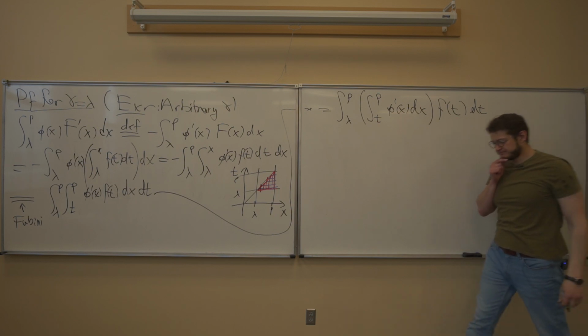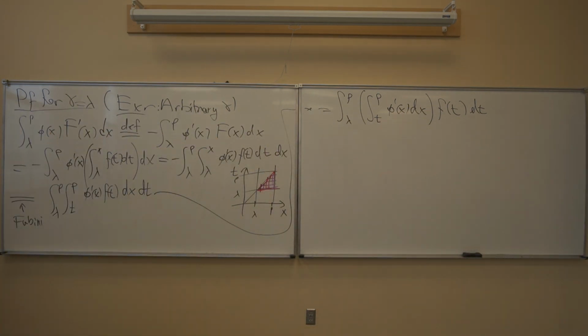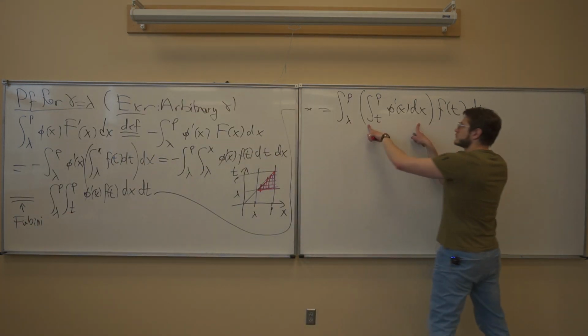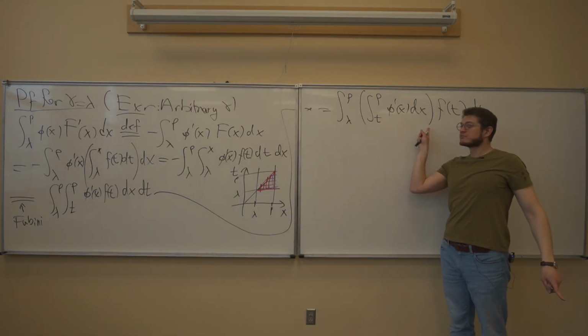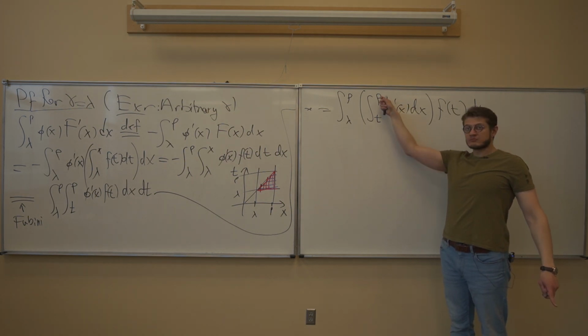What is the next step? I have the integral of a derivative. So what is this? It's just phi of x evaluated at rho.